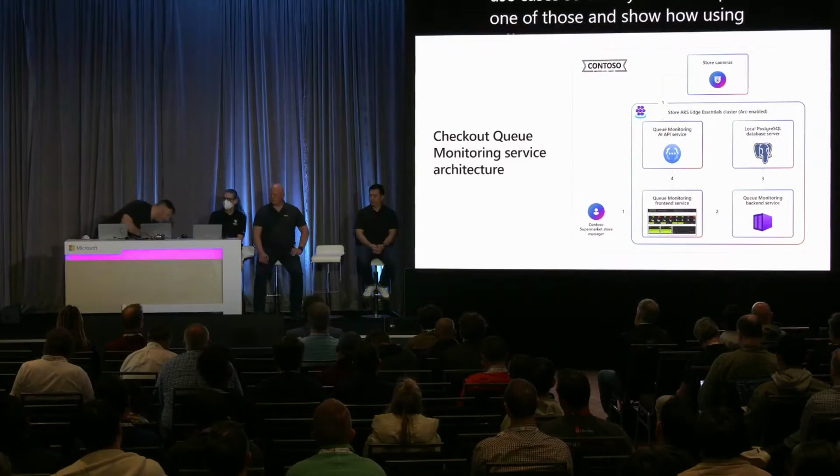Shoplifting is a big one, queue monitoring, people density, posing, and the density on the shelves, in terms of the store and the products. These are real use cases. So we wanted to pick one of those and show how using different models actually helps. That's the high-level architecture that you see here.